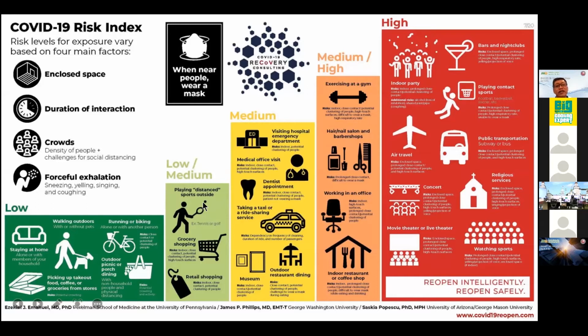Then you have another category, low to medium, medium to high, and then you have high. High is mostly F&B areas, indoor areas, traveling, public transport, religious services, which may have a high risk of infection by COVID-19, right?